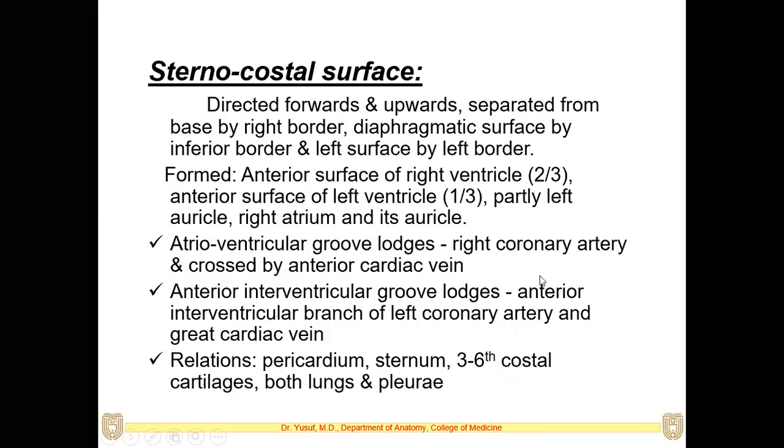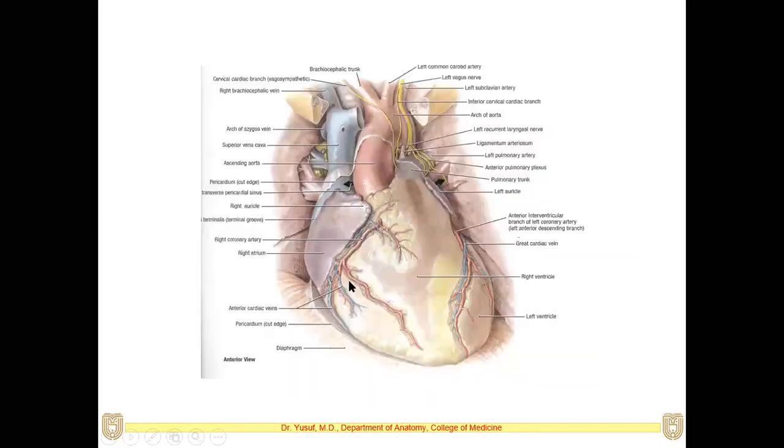There is also a vein beside that, the anterior cardiac vein. It is called the atrioventricular groove because it is between the atrium and the ventricle. Within this groove we can see the running of the right coronary artery as well as the anterior cardiac vein.